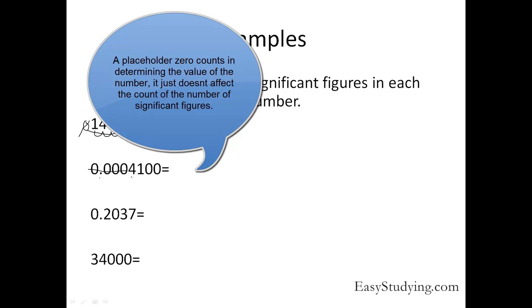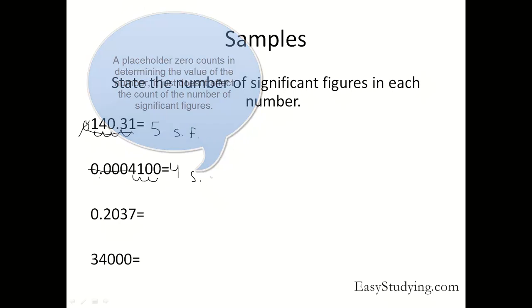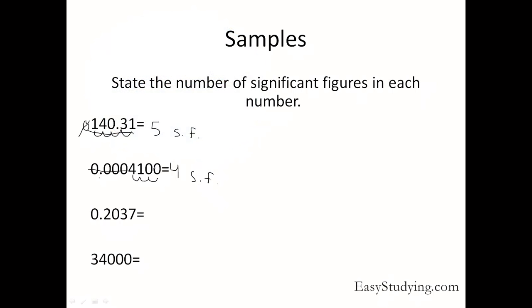From then on we will start counting. So we have 1, 2, 3, 4 significant figures. These zeros do matter because they come after the placeholder zeros and after the first non-zero number. And once again, because of the decimal point, we start from the left.